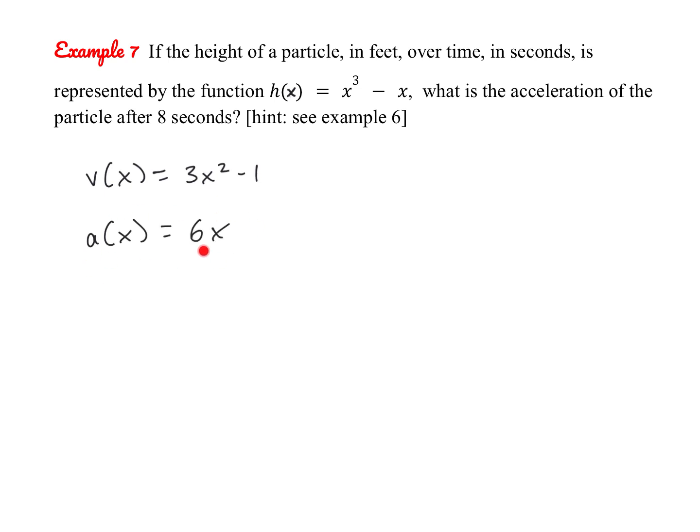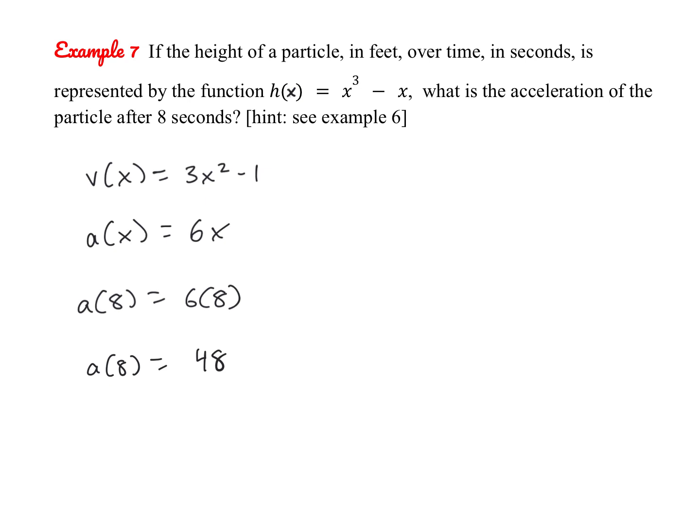So this function can tell us the acceleration of our particle at any moment in time. But here we wanted to know what's the acceleration of the particle after 8 seconds has gone by. So we simply substitute 8 into our second derivative, or our acceleration function, and we find that it is 48.